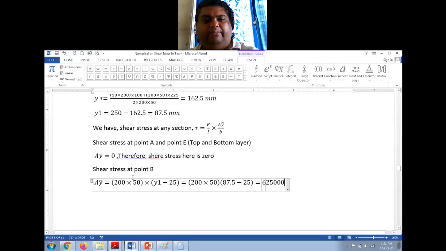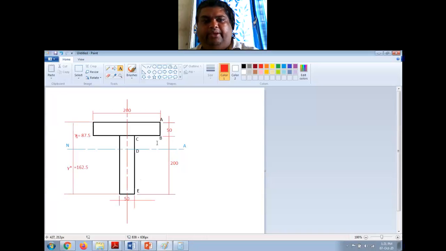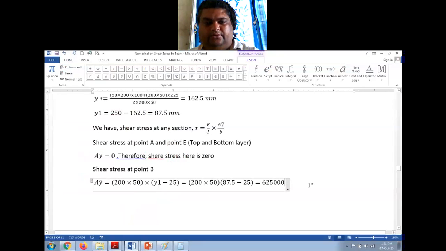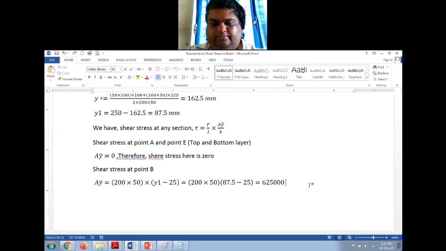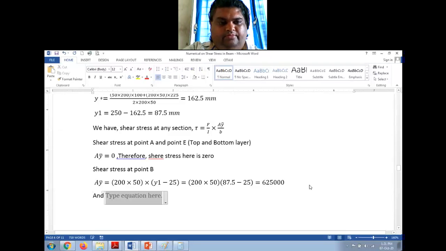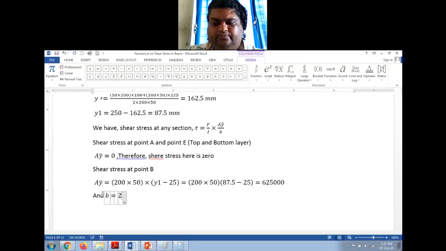This is the A y bar at point B. And at B, what is the width? Width of the section at B is 200. So B is equal to 200 mm.